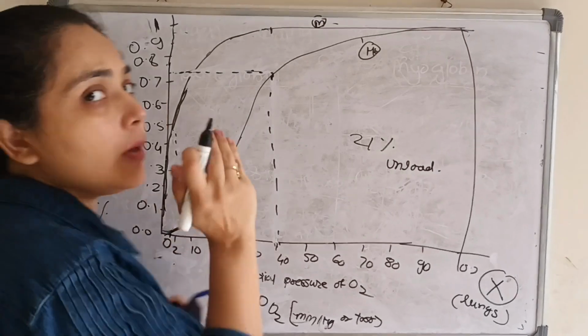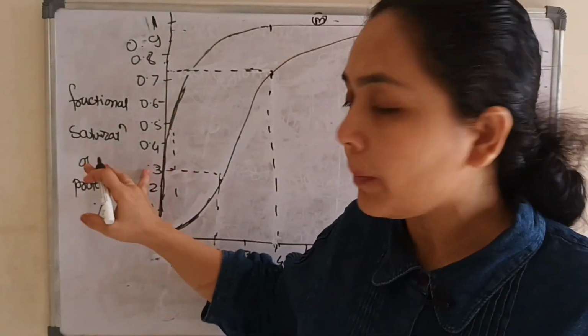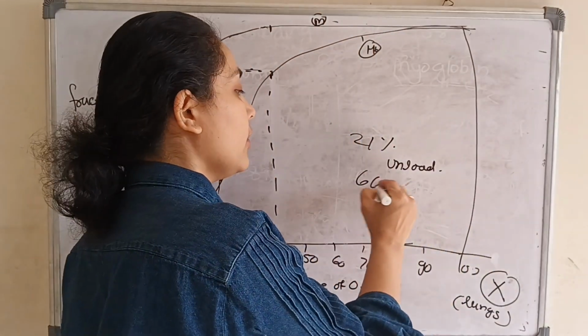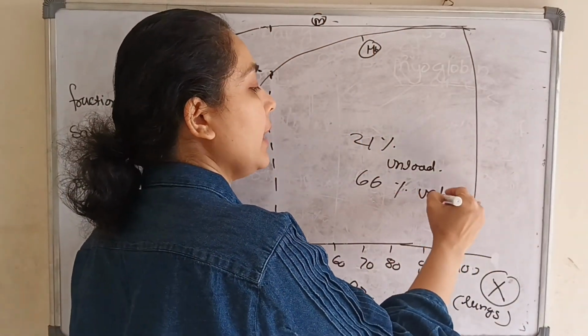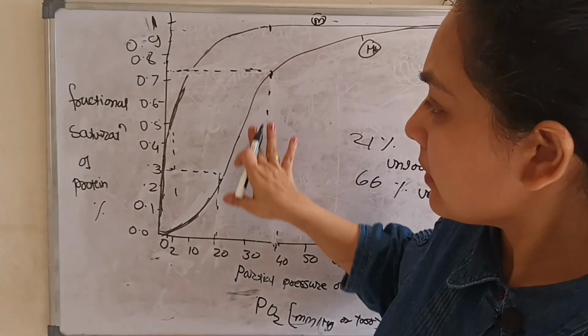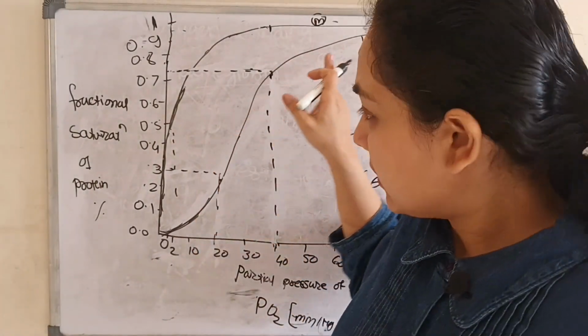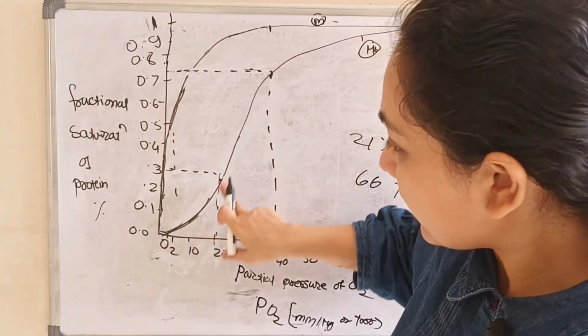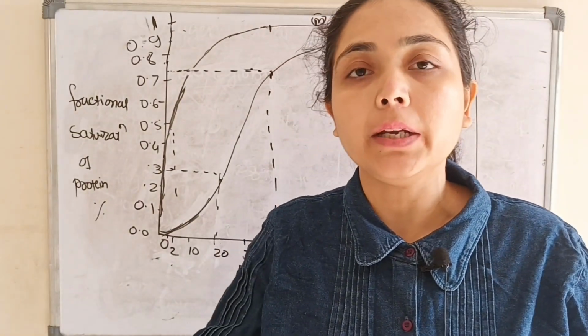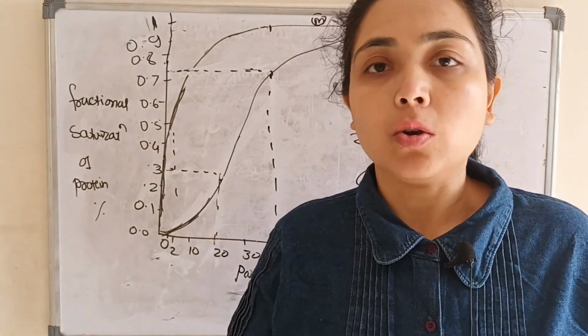At that time 32% will be saturated, meaning 66% will be unloaded by hemoglobin. This S-shaped curve, or sigmoidal shape, we get because of the cooperative binding of hemoglobin.